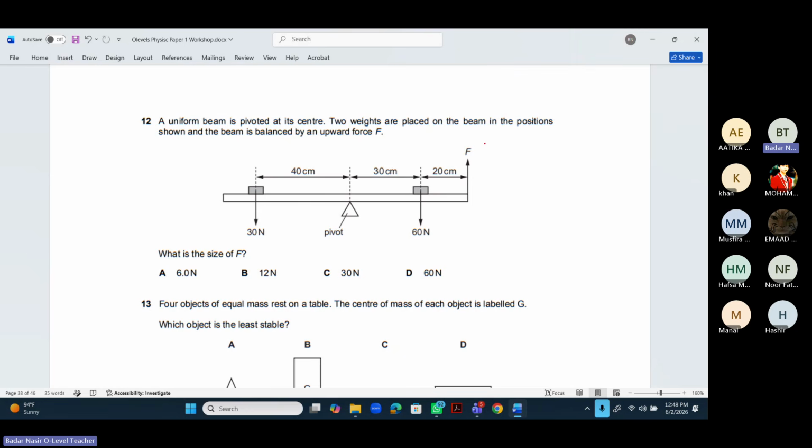So the sum of clockwise moments is equal to the sum of anti-clockwise moments. This one is anti-clockwise, this is clockwise, and this is anti-clockwise. Moment is the product of force and the perpendicular distance between the force and the pivot.